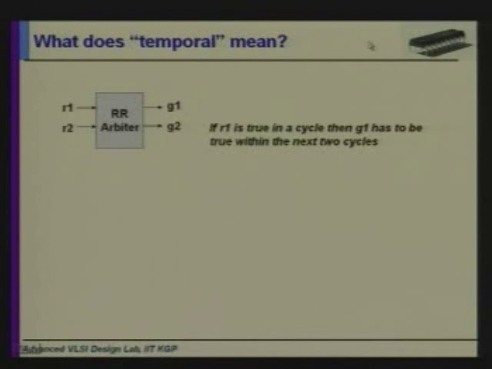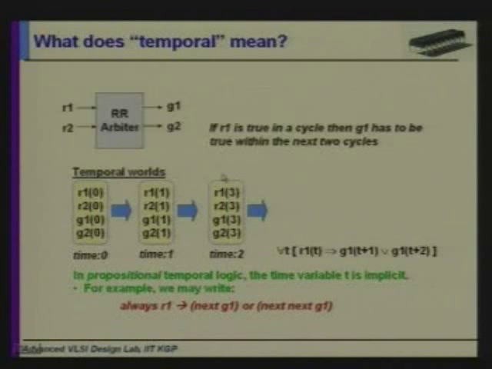Now again I will try to describe what is meant by temporal. This is again the round robin arbiter. Initially R1 is low, R2 is low, G1 is low and G2 is low at time 0, and at the next time cycle request 1 comes, request 2 comes.